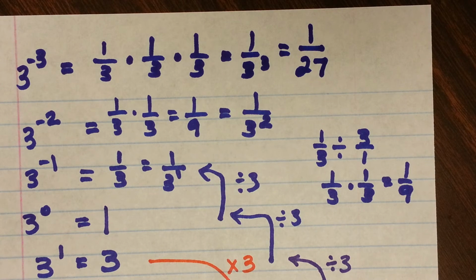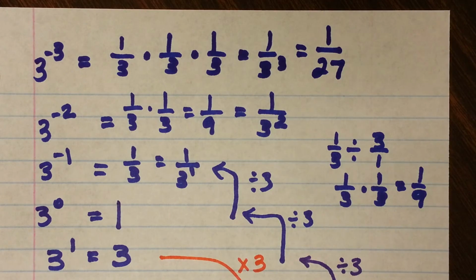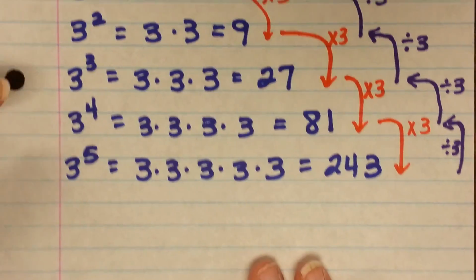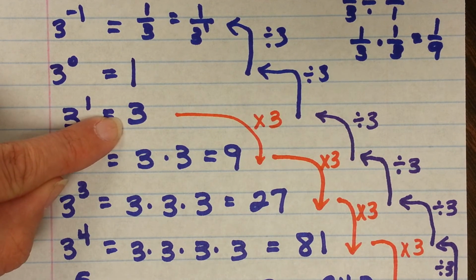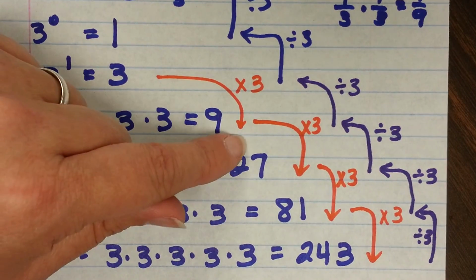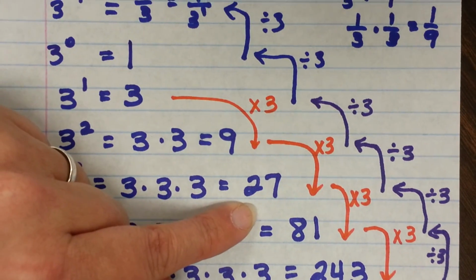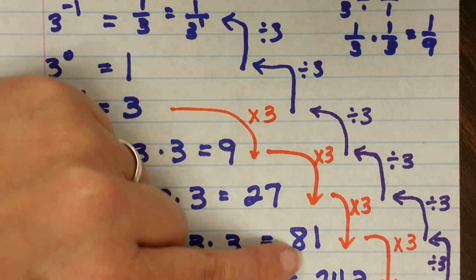Are you starting to notice some patterns? Great. One of the patterns I noticed was that I went 1 divided by 3, which gave me 1/3, and then the next one was 1/9, and then the next one is 1/27. So if I had something like 3 to the -4, I would probably have 1 over 81.